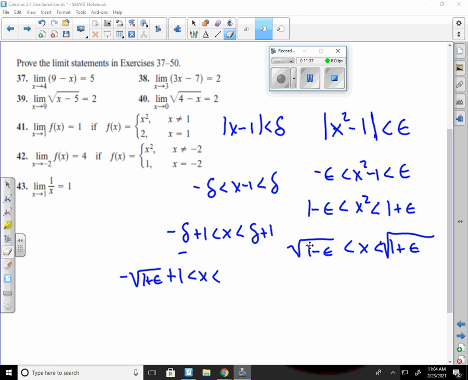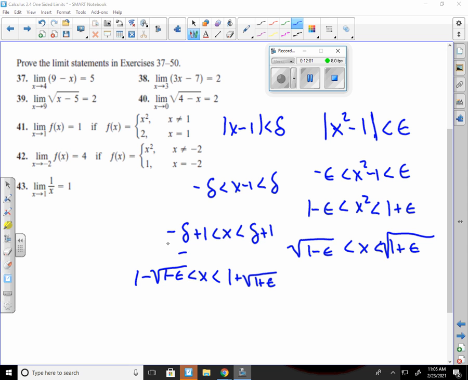I should have plugged in this one here because it's the lower of the two, so that's my bad. We're going to do 1 minus the low side. I don't know why I did the high side. 1 minus the square root of 1 minus epsilon. And then this is now going to be 1 plus the square root of 1 plus epsilon.